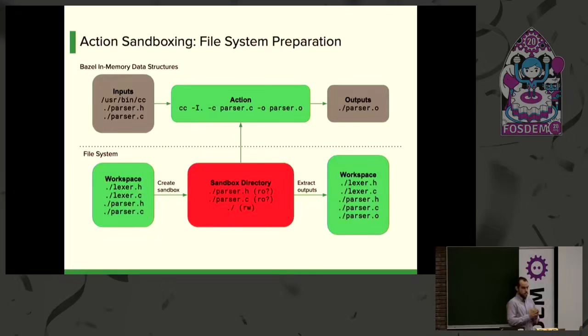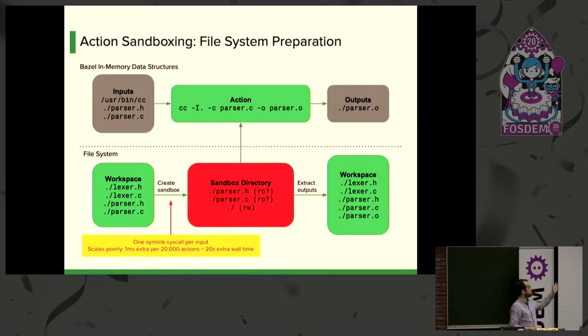Now, the problem is that the sandbox directory today is created with symlinks. All of these things in between are symlinks that point back to the workspace or wherever the outputs are. So when I put there read-only question mark, it's like we would like those files to be read-only, but with symlinks we cannot do that. Anyway, the main problem that we have, and the performance issue that I want to talk to you about, is that in big builds, actions tend to have thousands of inputs, right?